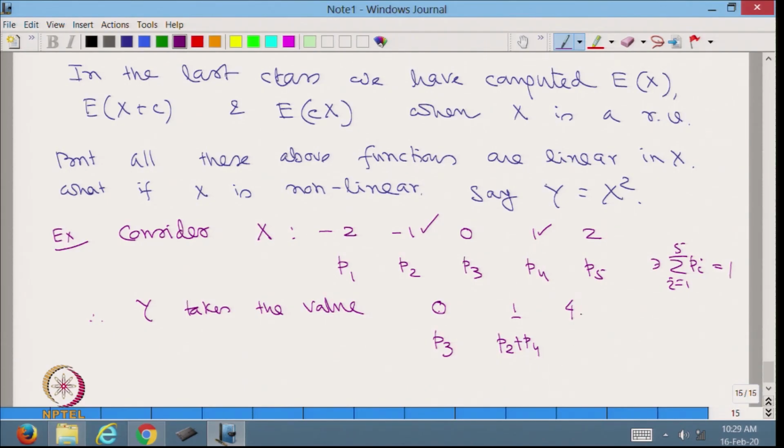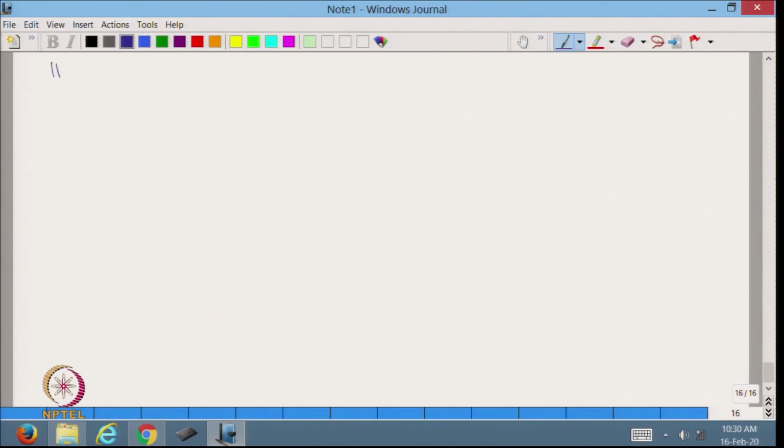And y will take the value 4 if x is -2 or +2 and that probability is P1 plus P5. Therefore, expectation of y is equal to 0 times P3 plus 1 times P2 plus P4 plus 4 times P1 plus P5.